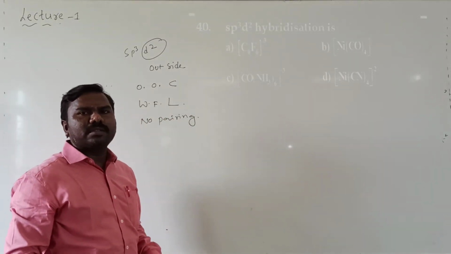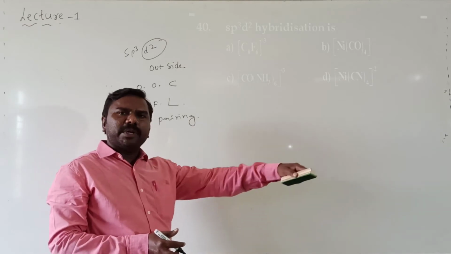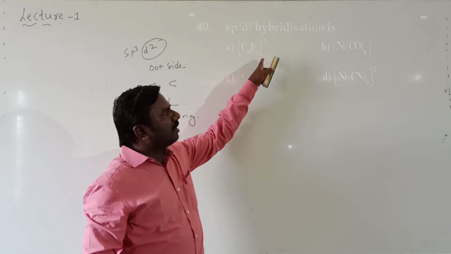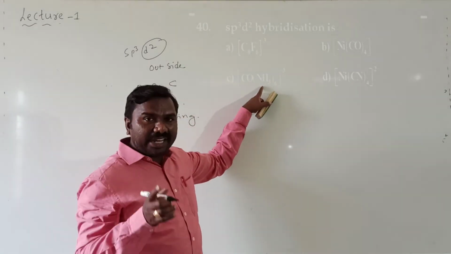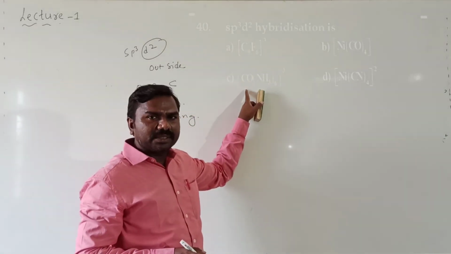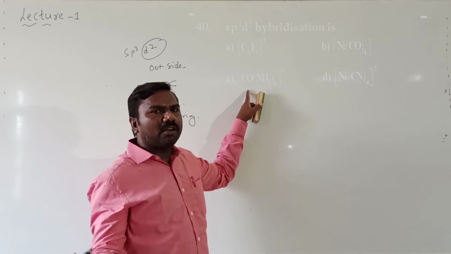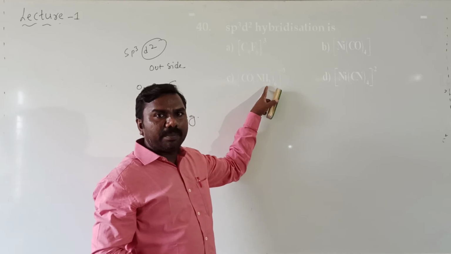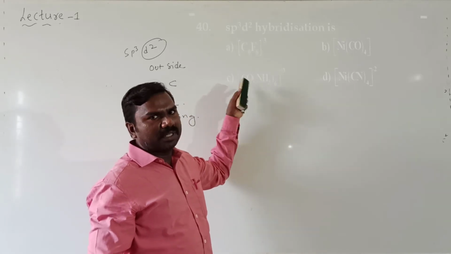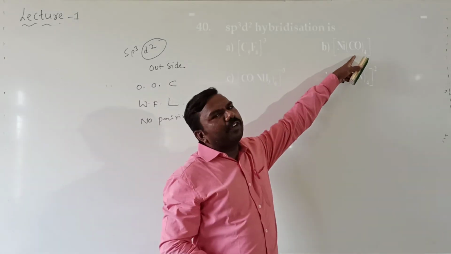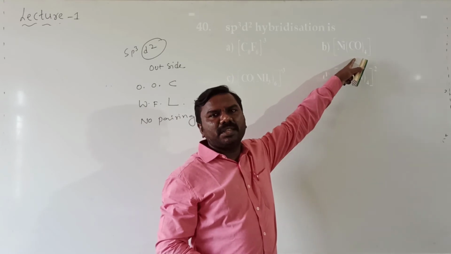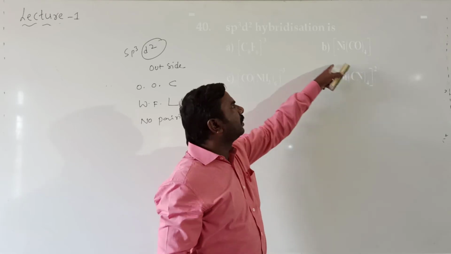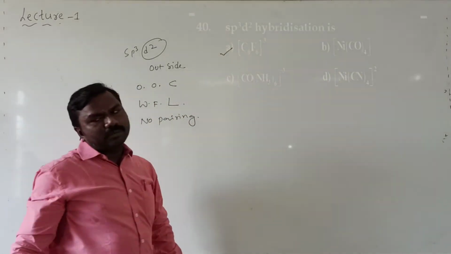No pairing means obviously outer orbitals are involved in hybridization. That's why fluorine is a weak field. NH3 is a strong field only in the case of cobalt complexes, but in other complexes it is a weak field. Pairing is there, so it is not possible. d2sp3 is possible. In the other cases, it is sp3 or dsp2. So the answer will be the first option.